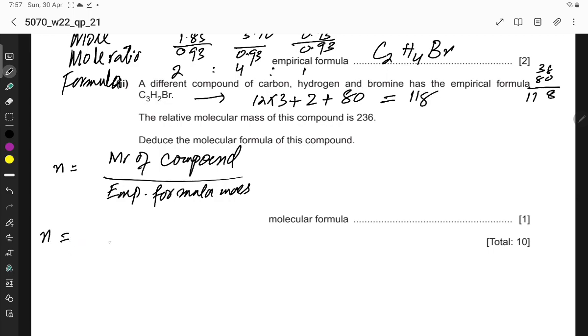So n is equal to 236 divided by 118. This is equal to 2.